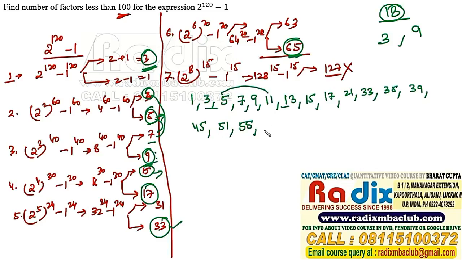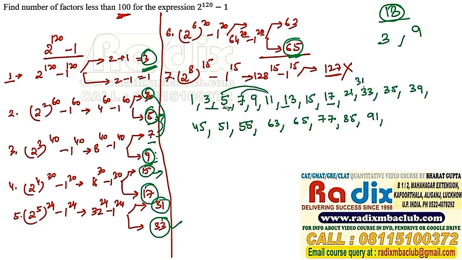Then 57 is not possible, 59 is not possible, 61, 63 is possible, 65 is possible, 67 is not possible, 69, 23 is not there, so 69 is not possible. 71, 73, 75 is not possible because 75 requires 25, and 25 is not there. 77, yes, 77 is there, 11 7s. 79 not possible, 81 not possible, 83 not possible, 85, 17 is there, 5 is there, so 85 is also there. 87, no 29, so no 87, 89, 91, 13 7s, 91 is there. 93, 31 is there.